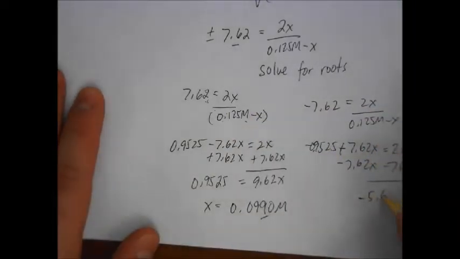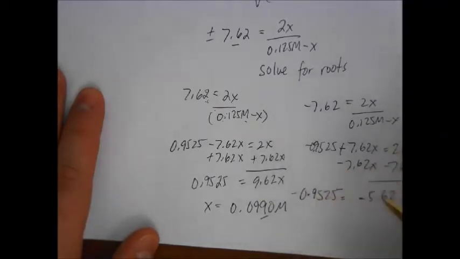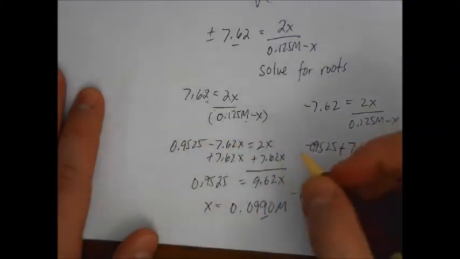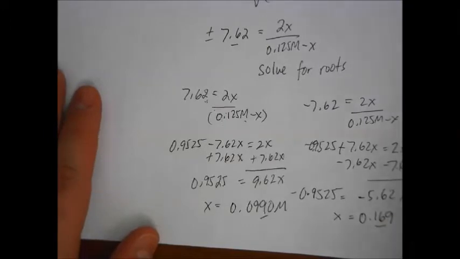So that's going to be minus 5.62x is going to equal minus 0.9525. So x in this case is going to equal 0.169. Yep. Again, 2 sig figs.